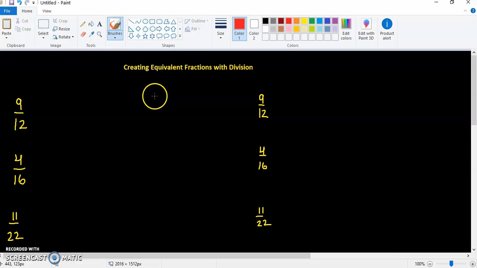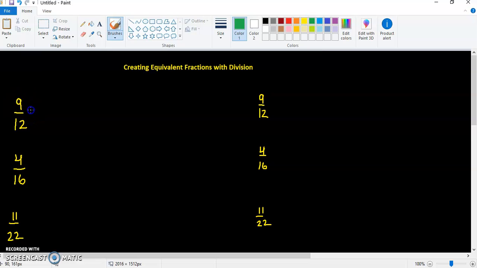Well, with fractions, any fraction that has the same number on the top and the bottom in your numerator and your denominator is equivalent to 1. So if you multiply a fraction by a fraction where the number on the top and the bottom are the same, you're basically multiplying times 1. So even though your new product might look different, it's still the same. It's an equivalent fraction. So I'll give you an example for three of them right here.